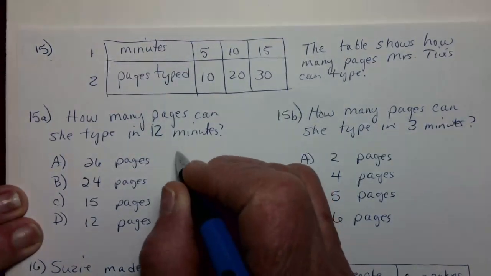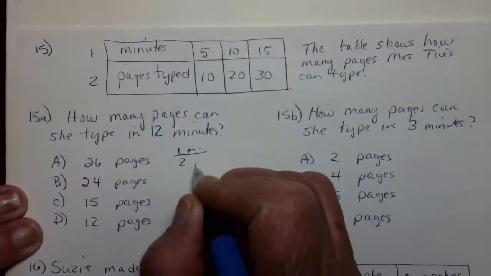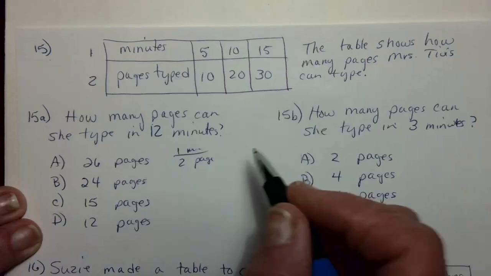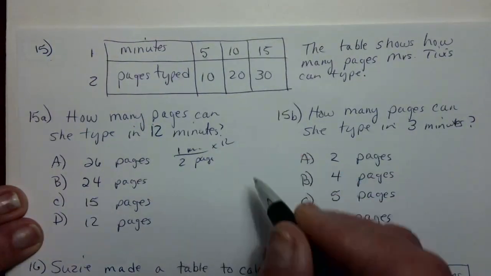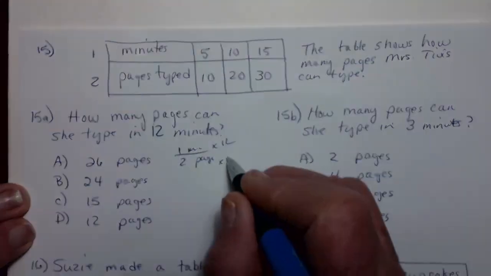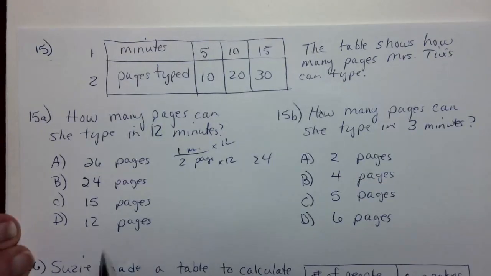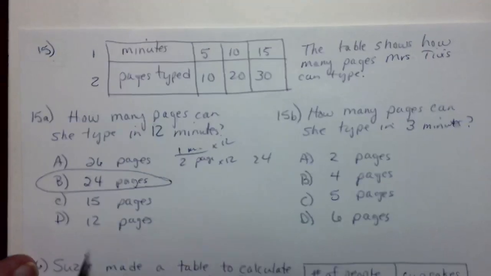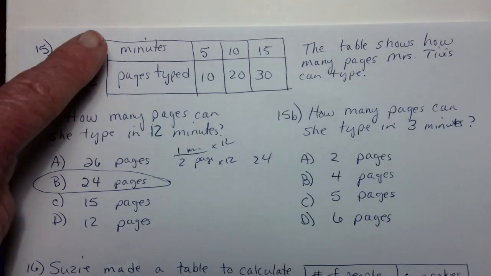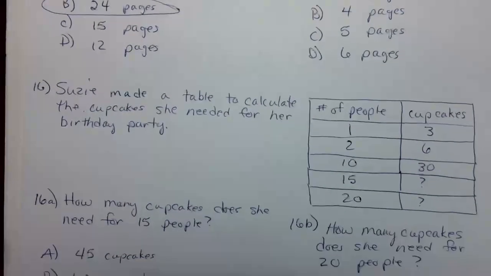So in 1 minute, do 2 pages. And we're going to do this for 12 minutes. So we're going to multiply times 12. So 1 times 12 is 12 minutes, and 2 times 12 is 24 pages. So that must be this one right here. And you're going to use that same table to answer this one over here.